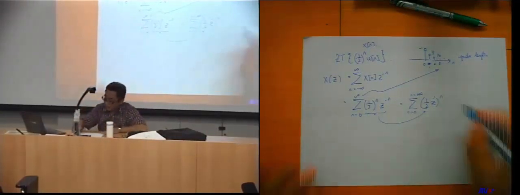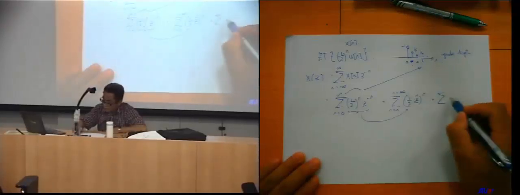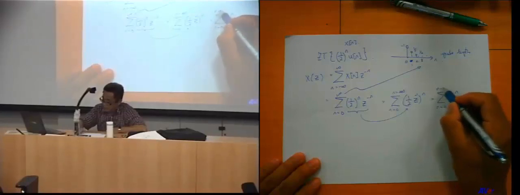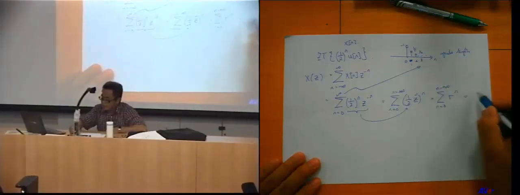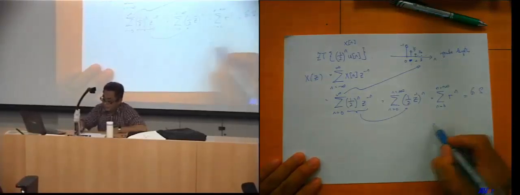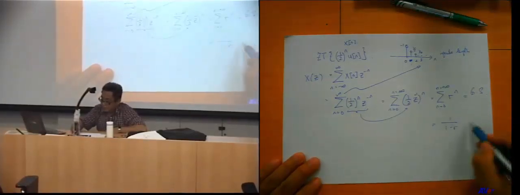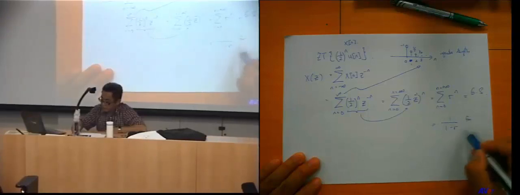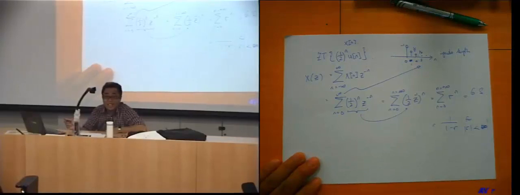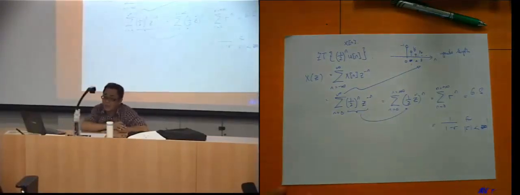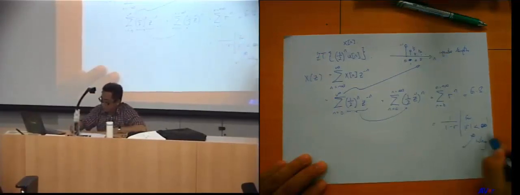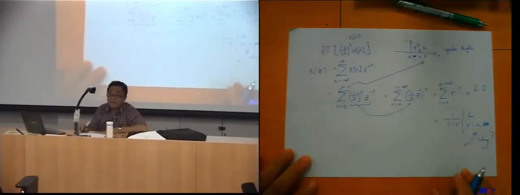And then this looks like this. In a geometric series, it has a closed form that looks like this, such that r is less than 1, right? But why? So we have to find out why.